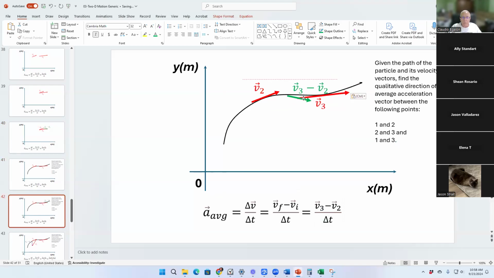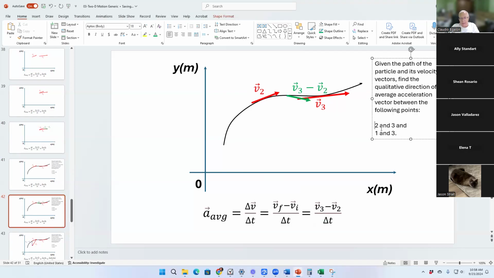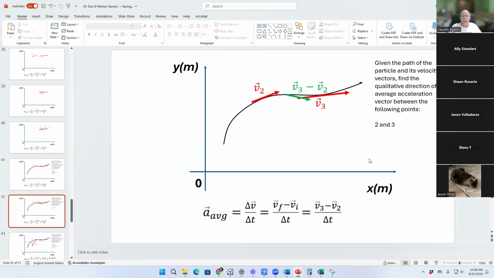Somewhere around here, in between those two vectors, right? Still point towards the center of the concavity. Okay? And then you can repeat for another one.